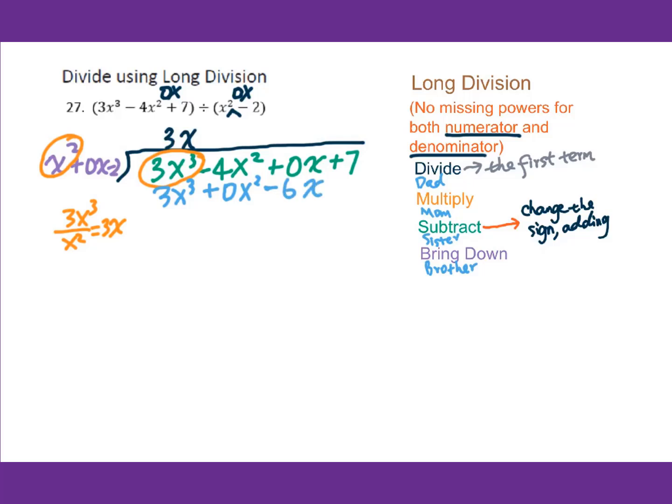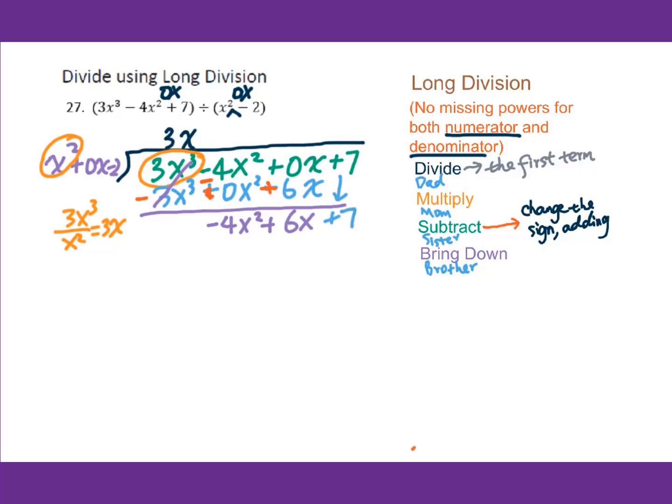Then remember, change the sign. Then adding. So we got, this is gone. Negative 4x squared plus 6x. Then drop down. This is a 7.